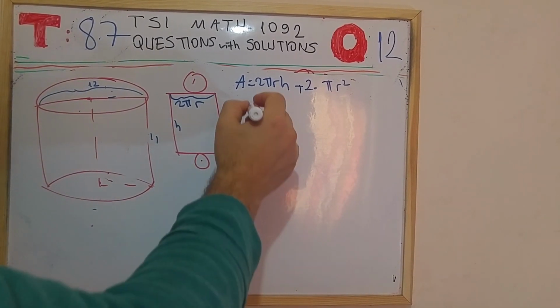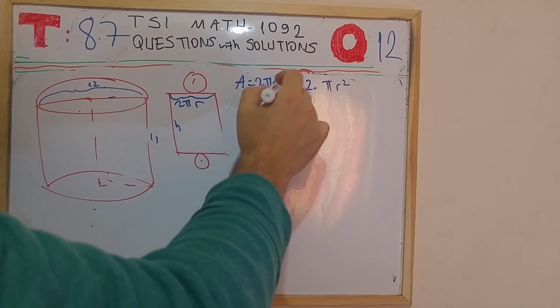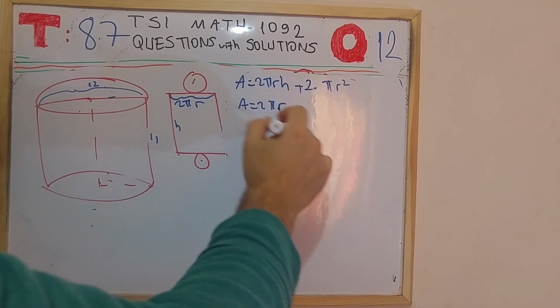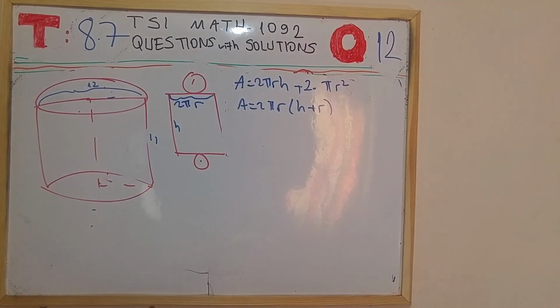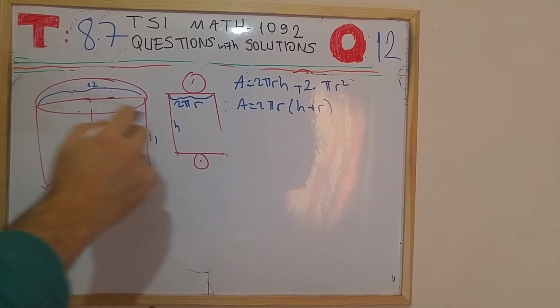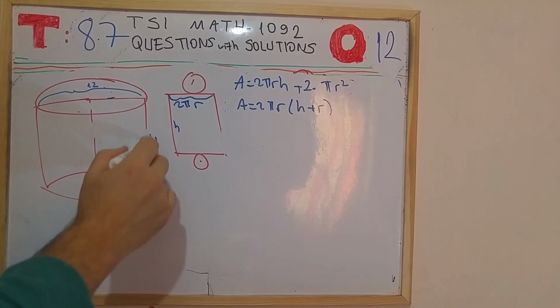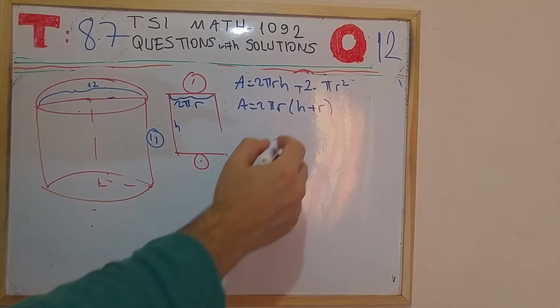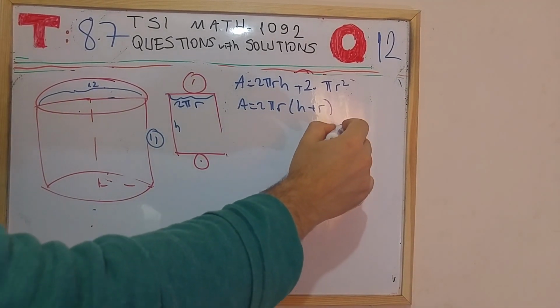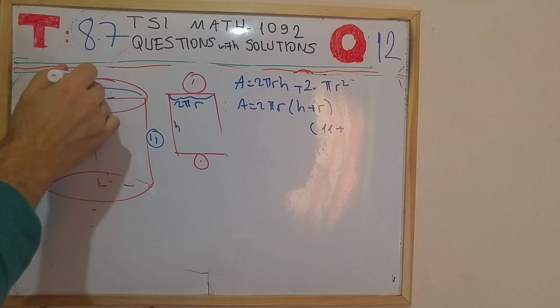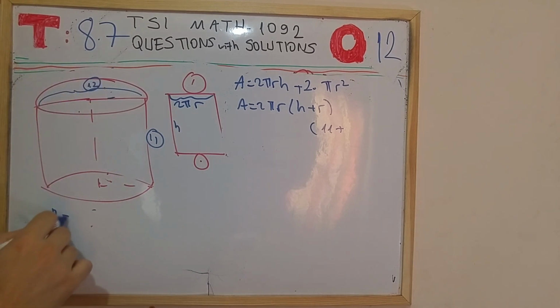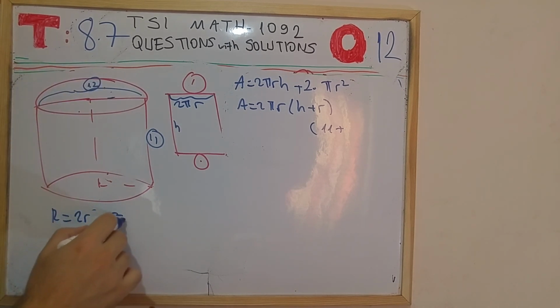The 12th question, when I take 2 pi r out in parentheses, what I just need is h plus r. Now in this question, I am given h, the height, as 11, plus the radius, but I'm not given the radius, I just have the diameter, so I have to divide the diameter by 2, so the radius is equal to 12 over 2, that is 6.